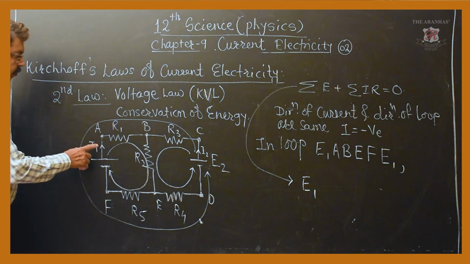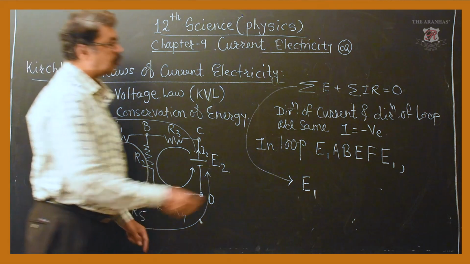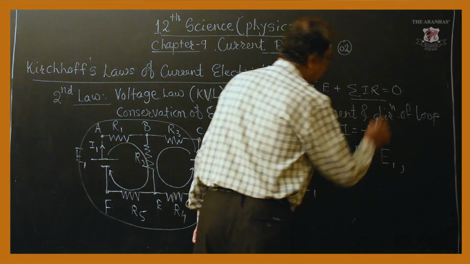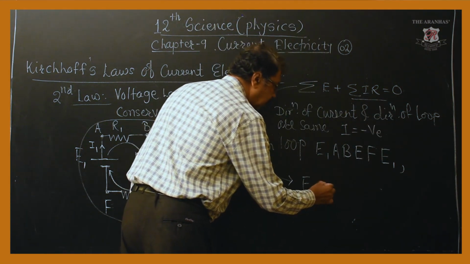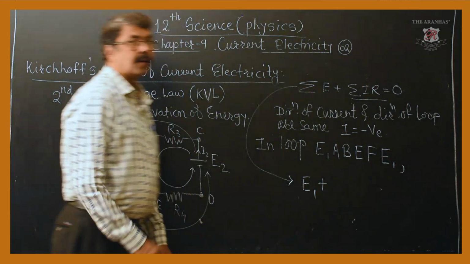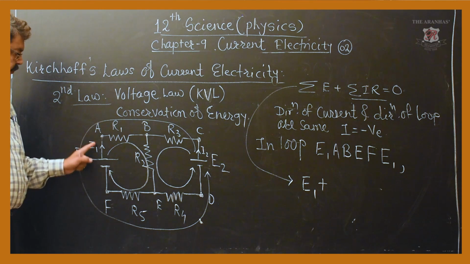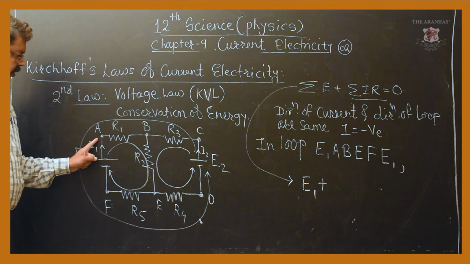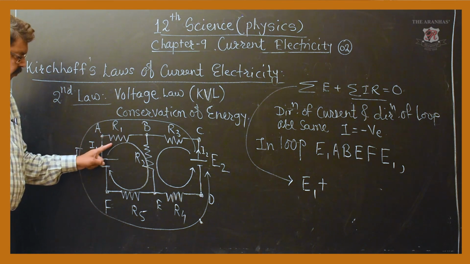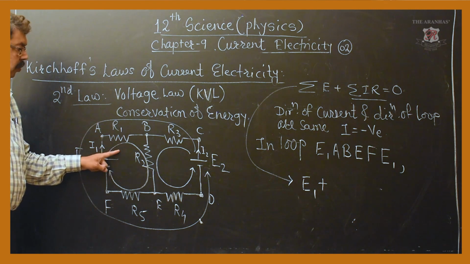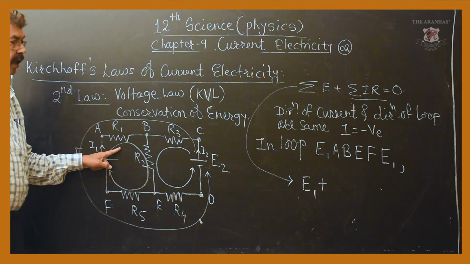Now what is the current flowing through R1? Come to this second part. I am writing plus. Now what are the currents and the resistances in the path? See, I1 flows through R1. But what is the direction of the loop and the direction of the current? They are the same.